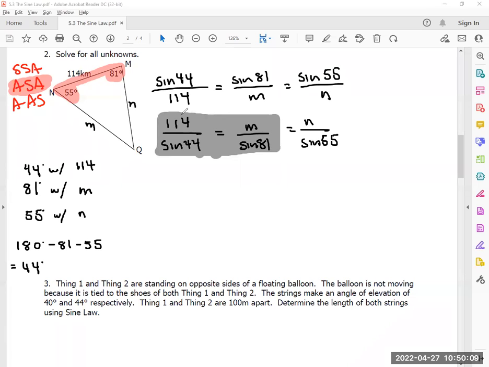Solving 114 divided by sine 44, you should get 164.109. This is n over sine 81, which you should get 0.9838 rounded.